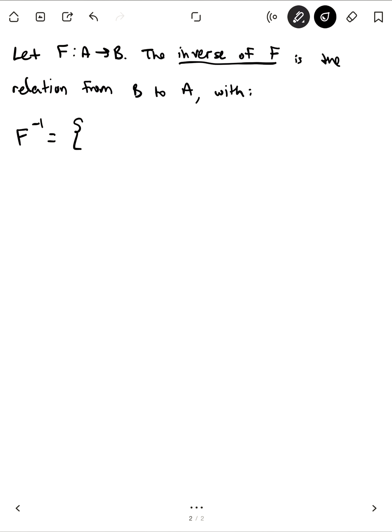And we're going to use set builder notation to build what it really means. It's going to be the set of ordered pairs such that if you reverse the order of the elements in those ordered pairs, you get an element that's in the original function. So that's how you define the inverse.